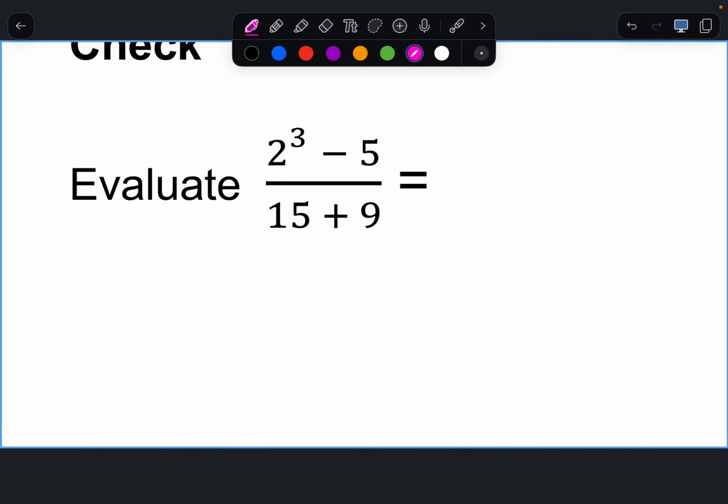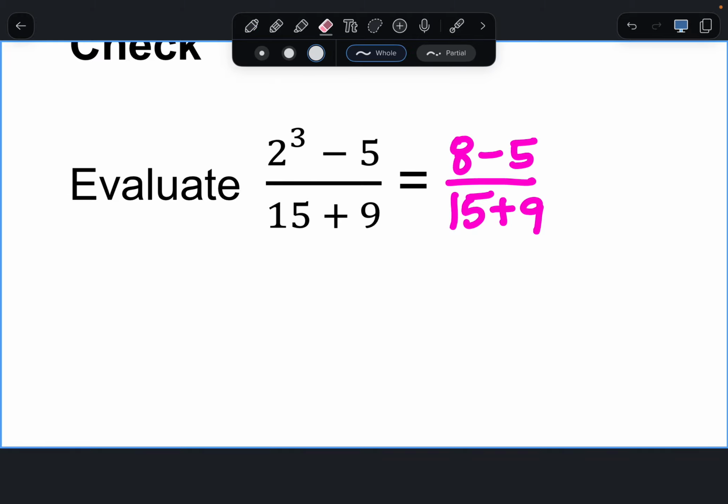Then let's go up to this one. Oh, I love this one. Okay, so there's a lot happening here, right? We have to do our grouping symbols first, which is this. Now within the grouping symbols, what do we have to do first?